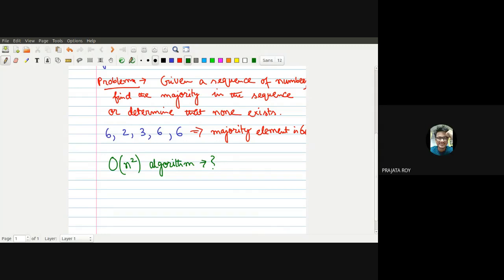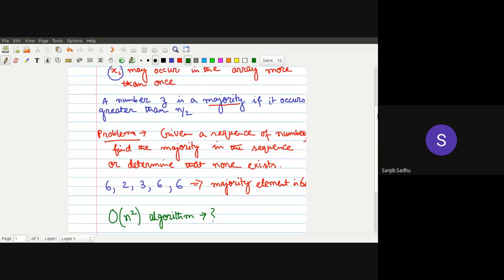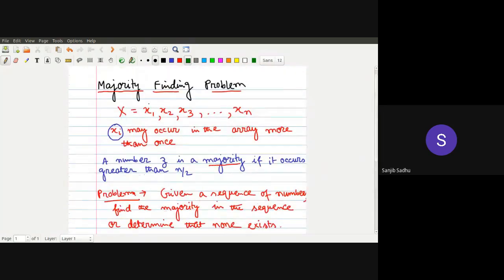We can go through the entire array, compare each element with the standard element, and find the respective frequencies. The one with a frequency greater than n by 2 is the majority. Big O n square algorithm means suppose I first choose x1.